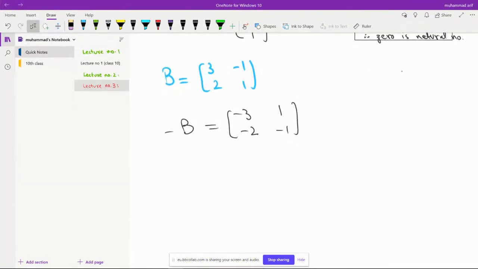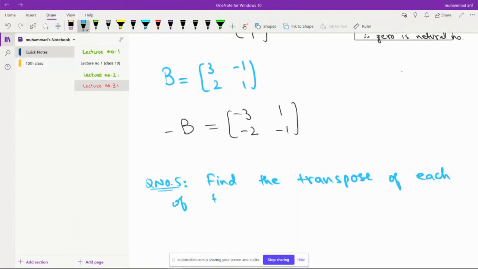Now we come across question number 5. Find the transpose of each of the following matrices.